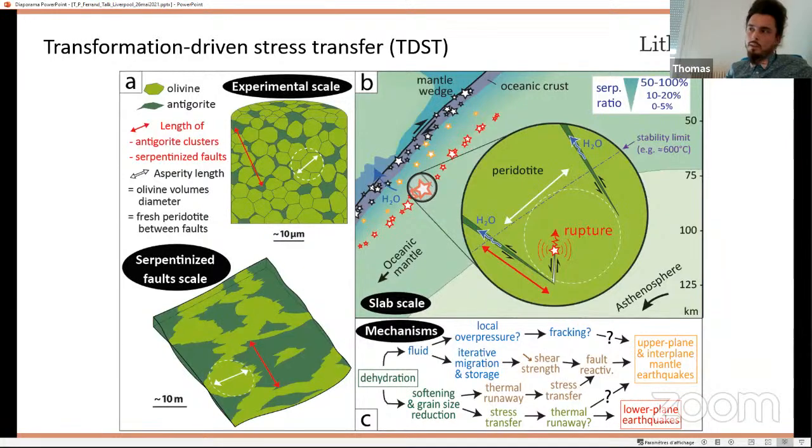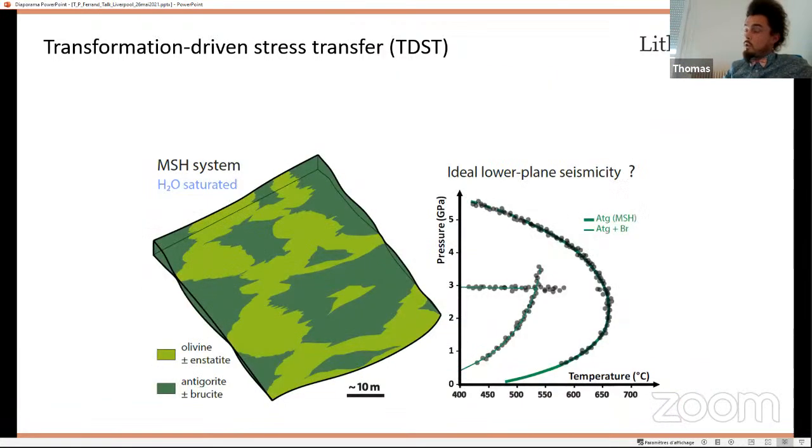But all this is okay if you consider only the magnesium-silicon-hydrogen system, right? I mean, theoretically, if you consider this simple system, you would expect in a pressure-temperature diagram that the earthquakes occur only around these lines where the material is expected to destabilize.